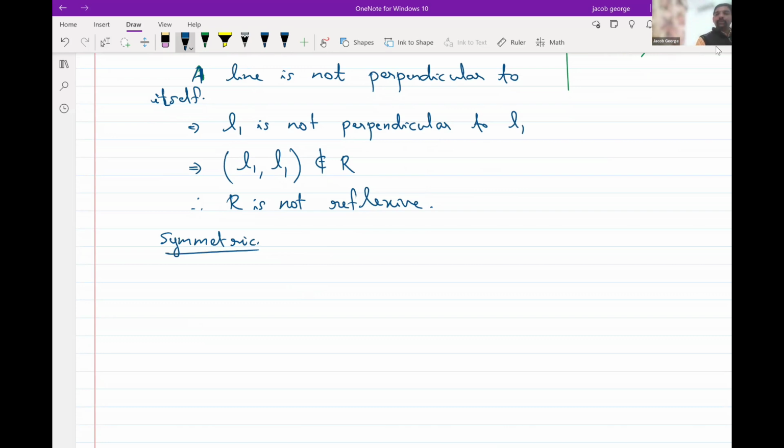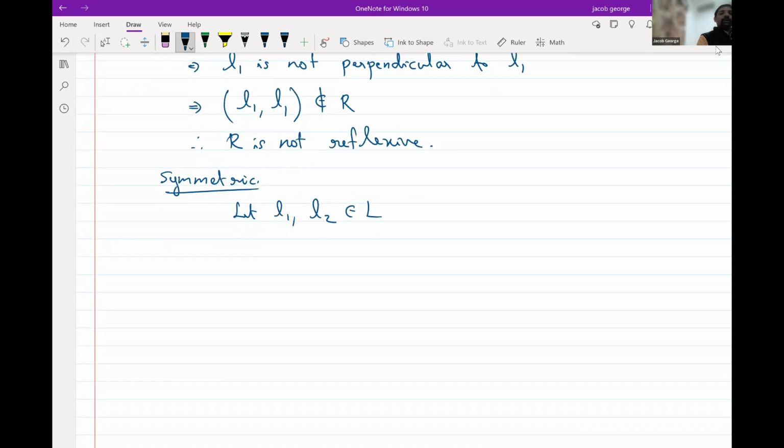Yes, for symmetric, we have to pick two elements. Let L1 comma L2 be elements of capital L, and let the ordered pair L1 comma L2 be an element of R, which means the condition L1 is perpendicular to L2 holds.